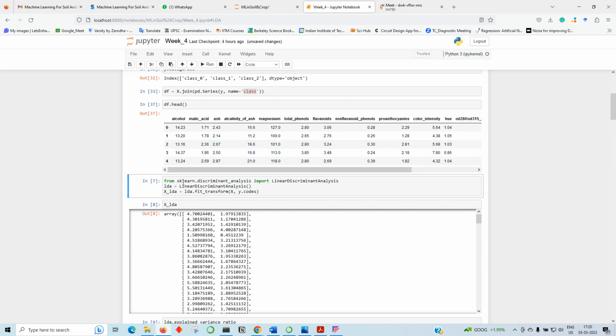Now from this scikit-learn library, let's import linear discriminant analysis. From sklearn.discriminant_analysis, import LinearDiscriminantAnalysis. This will import our model, and we are going to assign a variable name to our model, that is LDA.